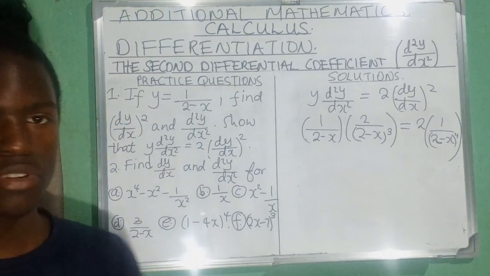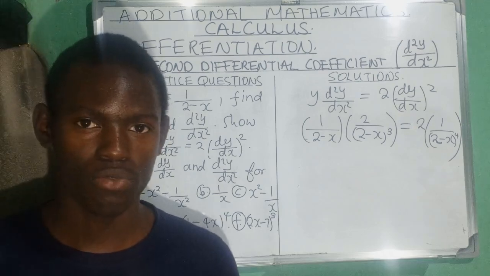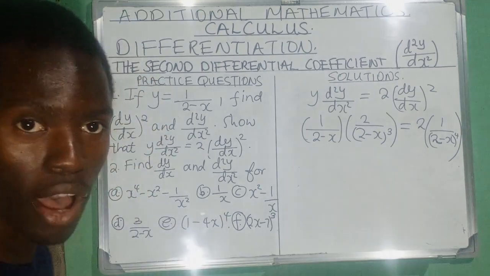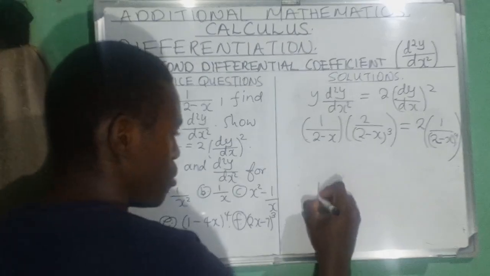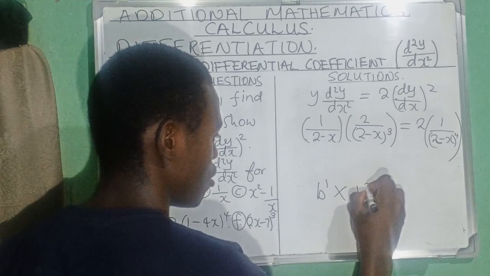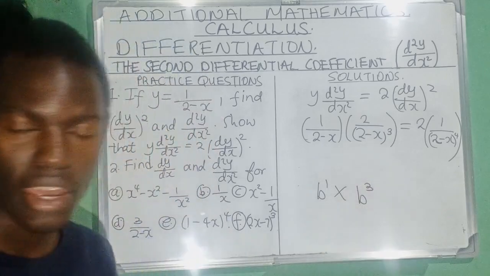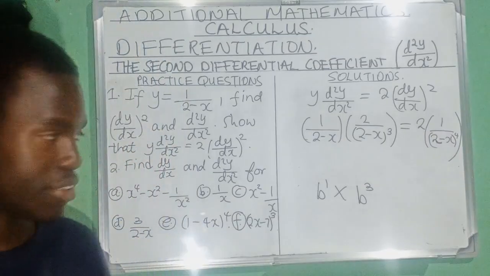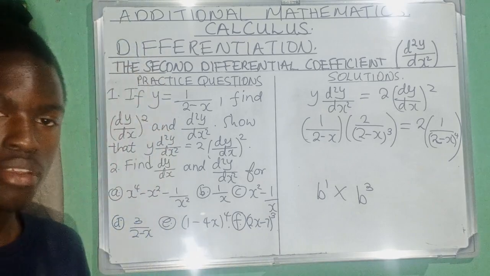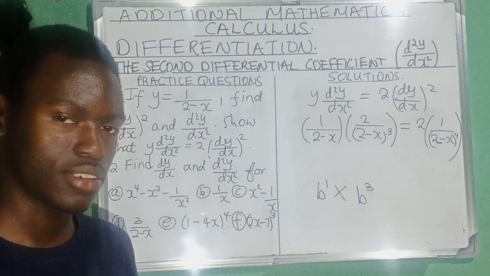Okay, so to proceed here, I want you to think of a law of indices. So for example, you have b to the power 1 multiplied by b to the power 3. When you're multiplying numbers, so think of b like a number, or let me just say even just a letter, okay?